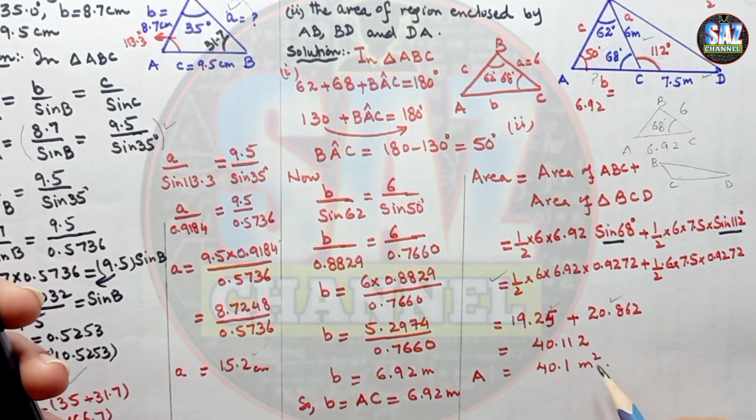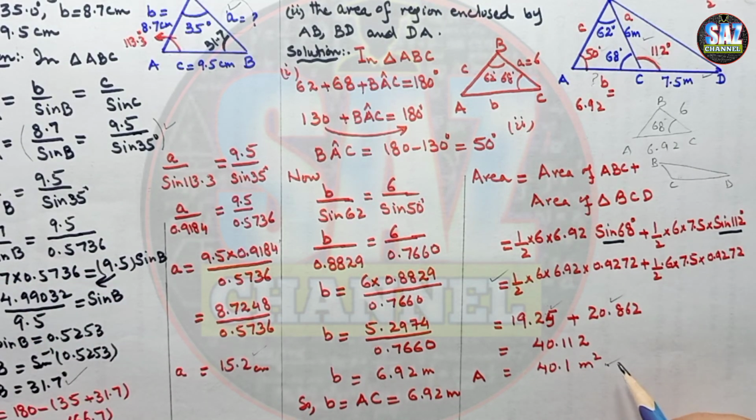This is 40.1 meters squared, the area of this whole figure. I hope you are clear about today's lesson, how to find unknown lengths and angles and how to find the area of a non-right triangle.